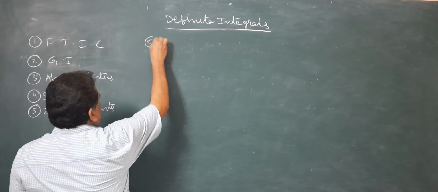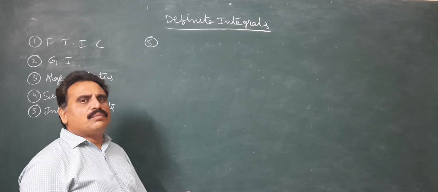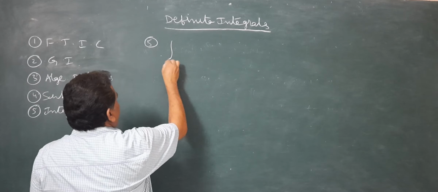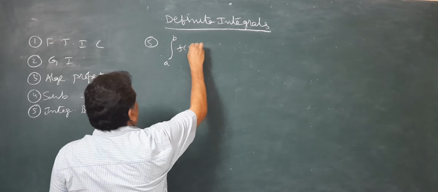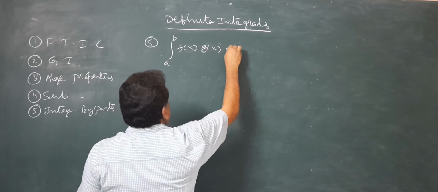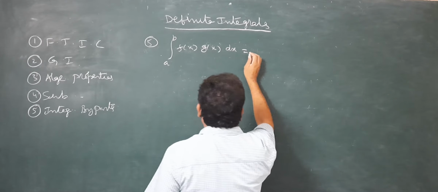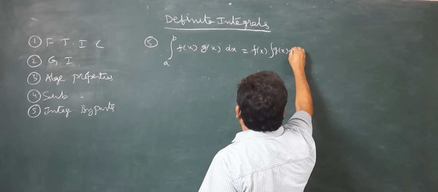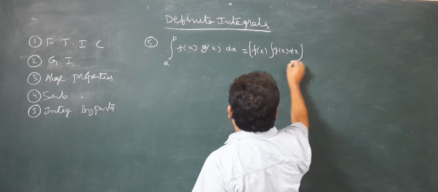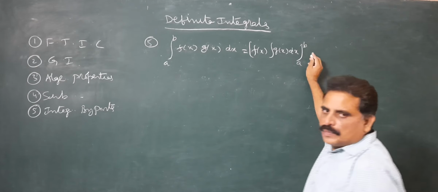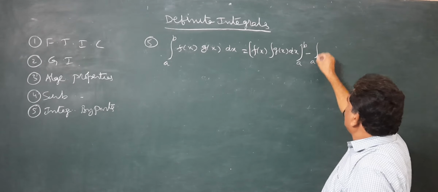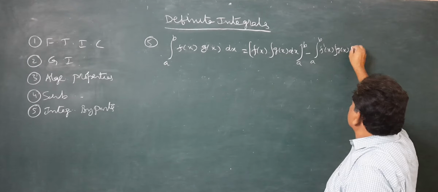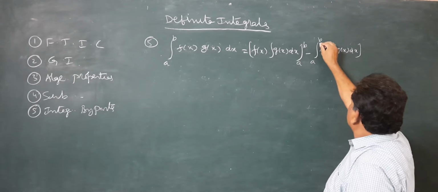If f of x and g of x are two integrable functions on the closed interval [a, b], then the integral from a to b of f(x) g(x) dx equals f(x) integral g(x) dx over the limits a to b, minus the integral from a to b of f dash x times integral g(x) dx, whole dx.